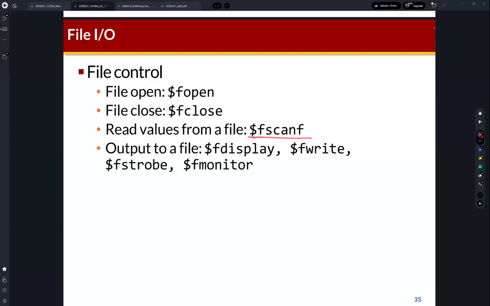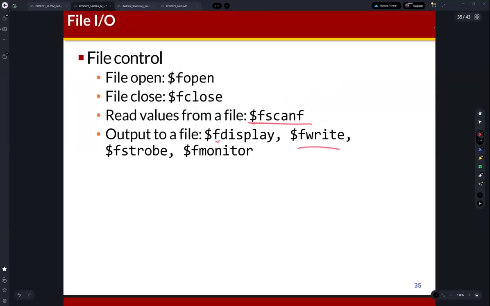If you are familiar with C, you can find the equivalent functions in C. Actually the names are the same. C also includes fopen, fclose, and fscanf. And if we want to generate output to a file, we can use fdisplay and fwrite.